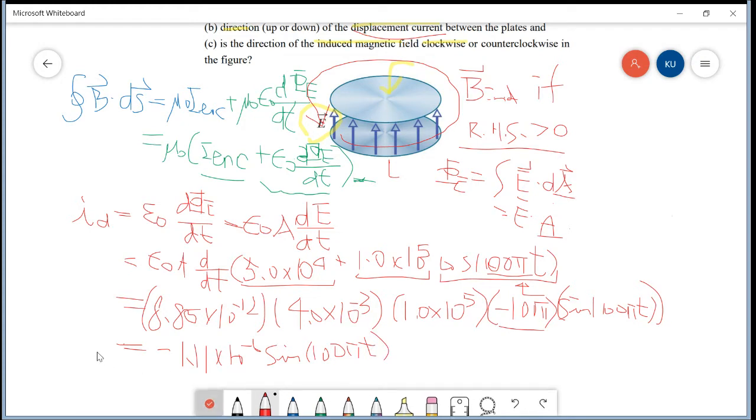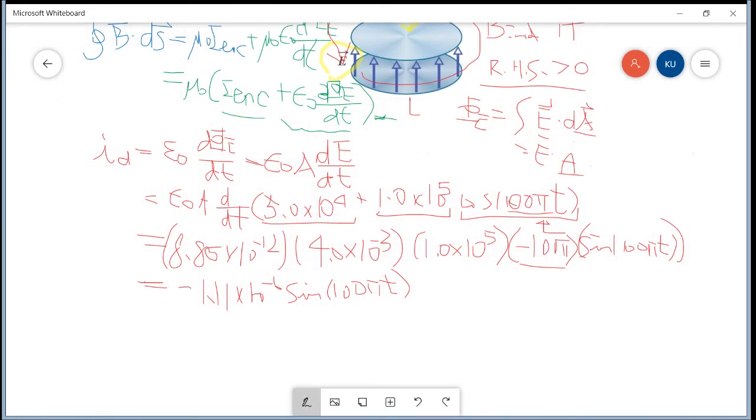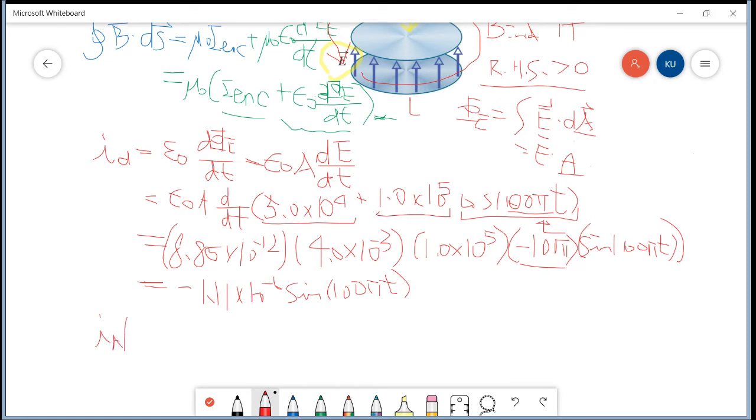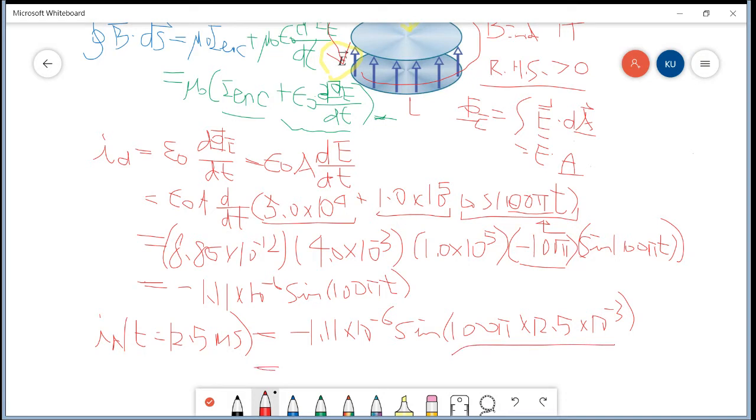Next we substitute t equals 12.5 millisecond into the expression, so it becomes minus 1.11 times 10 to minus 6 sine of 100 pi times 12.5 times 10 to minus 3. Be careful that this is in radians.